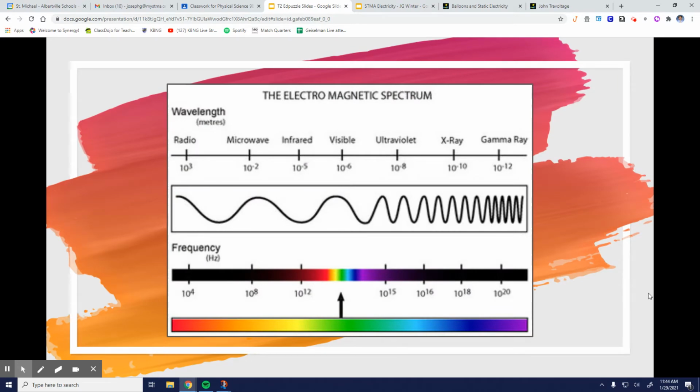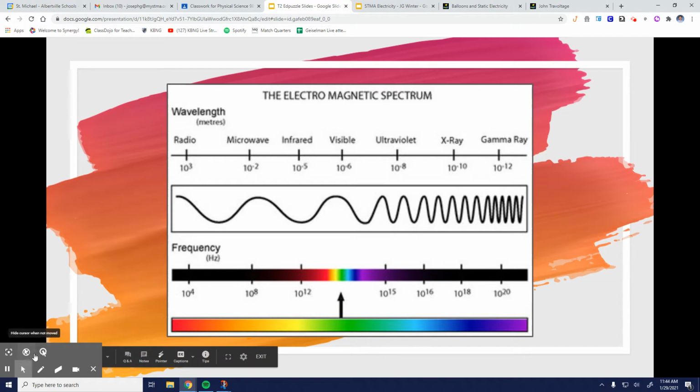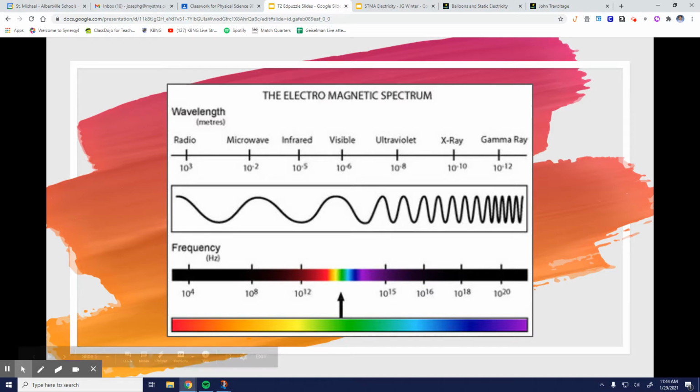Here it is a little bit more blown up. We can see that our radio waves are going to be much larger wavelengths. So radio waves are 10 to the third meters long. They're very long radio waves. So they don't have a very high frequency because they're still traveling at the same speed as our higher frequency waves.